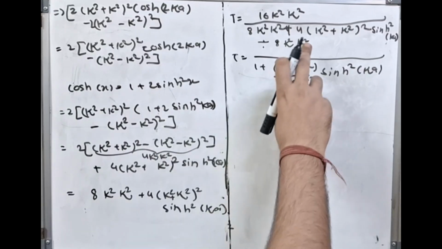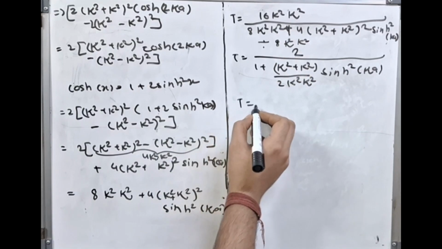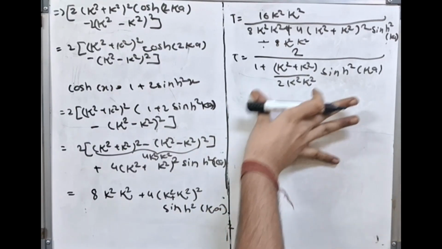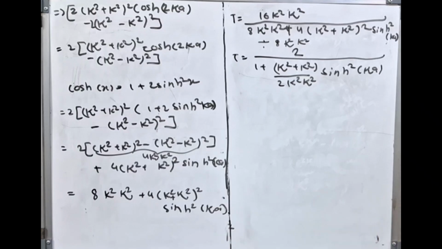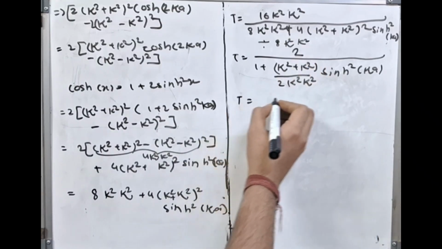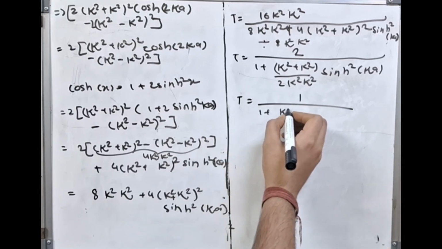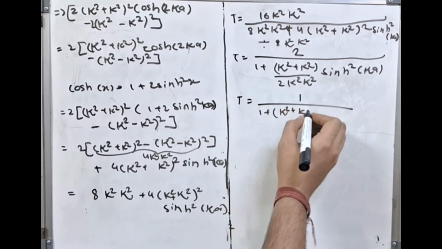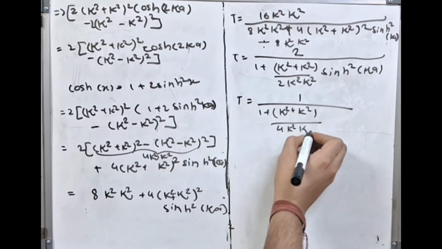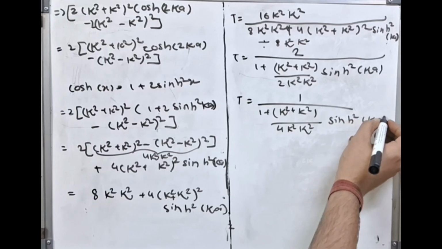And finally, if we take this and multiply it here, T is equal to 1 upon 1 plus (κ² + k²)² upon 4k²κ² sinh² κa.